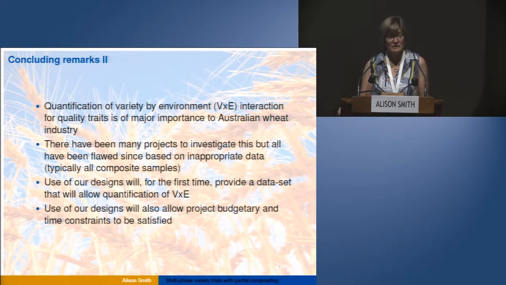Typically, they're all based on fully composite samples, so there is no field replication, no lab replication, no lab designs, so variety by environment interaction is confounded with field and with lab, and we just can't get a grip on what's going on with variety by environment interaction. So it's really exciting to be finally able to get a data set where we can look at this.